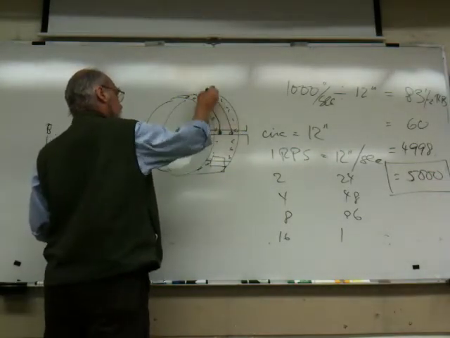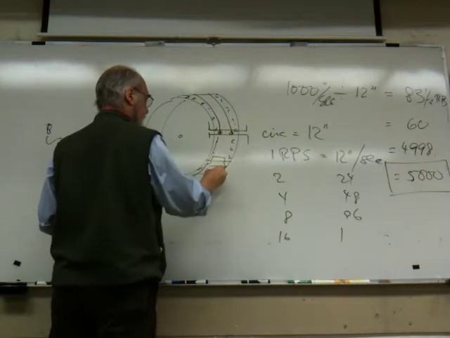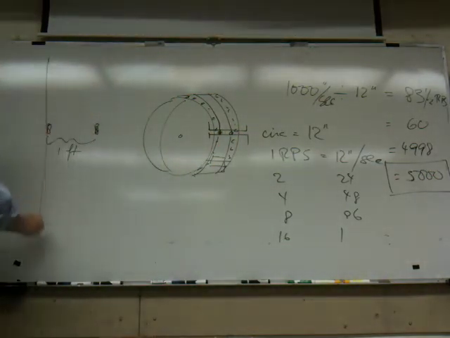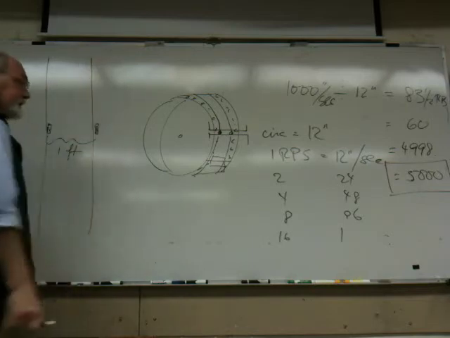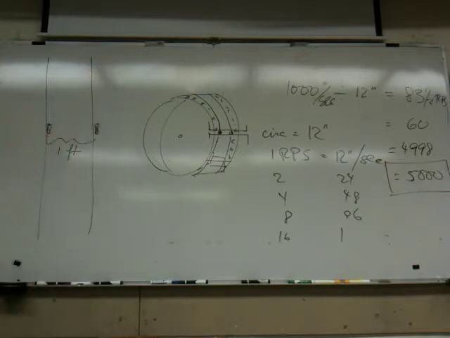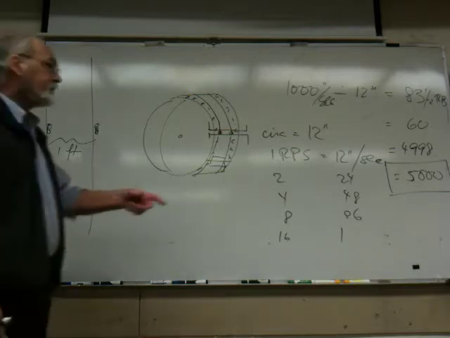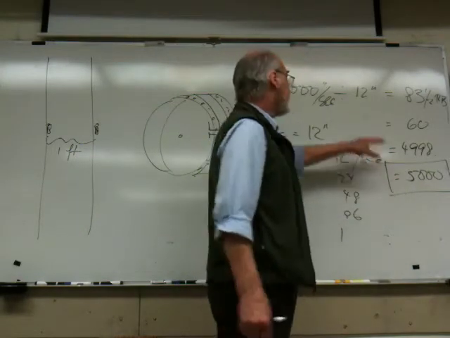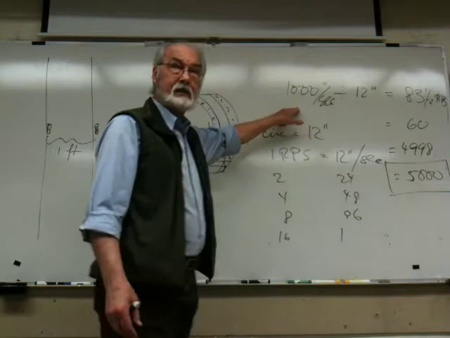Okay? And it goes like that, right? So we'll have two lines, and we'll know that the distance between them is a foot apart. There is our scale of distance. And our scale of time is the fact that we're rotating at this rate, which gives us this, which is what we want.